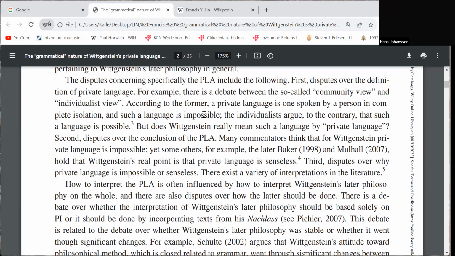According to the former, a private language is one spoken by a person in complete isolation, and such a language is impossible. The individualists argue to the contrary, that such a language is possible. But does Wittgenstein really mean such a language by private language?